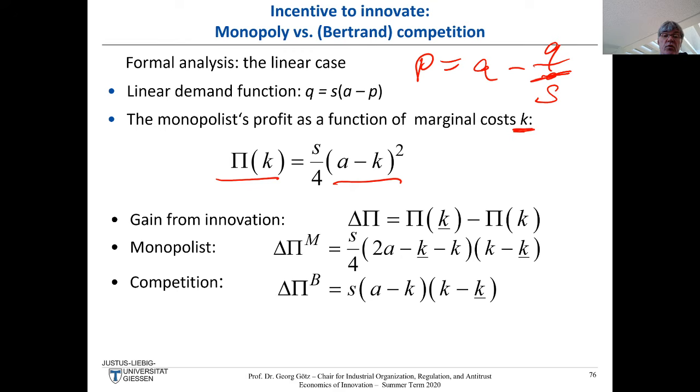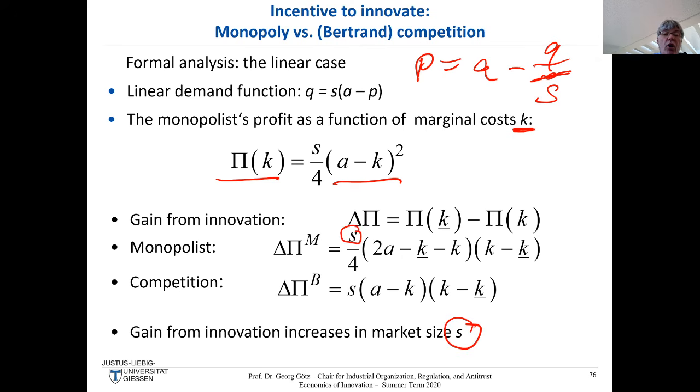What do we learn? The first learning here is that the gain from innovation increases in market size. A larger market implies that you have a higher incentive to innovate, a higher gain from innovation. If you're a larger firm, you have a higher gain from innovation. That's rather important, and that holds both for the monopolist and the firm under competition.